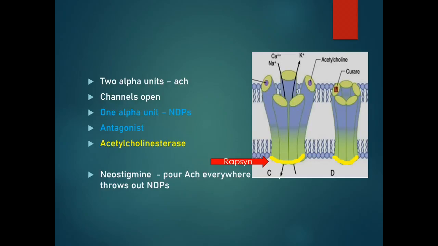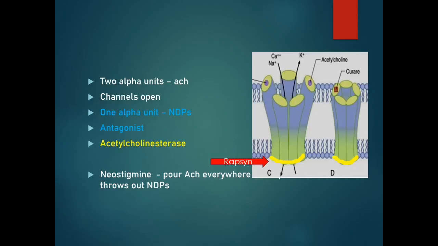Repetition. There are 2 alpha units. The acetylcholine, the channels open. When the non-depolarizing agent is being utilized, the antagonist is acetylcholinesterase. So it cannot be completely open for a longer time. So the acetylcholinesterase goes and acts over it, producing a neutralization of the previous effect.